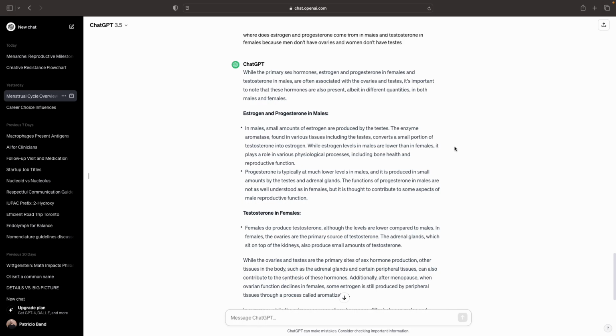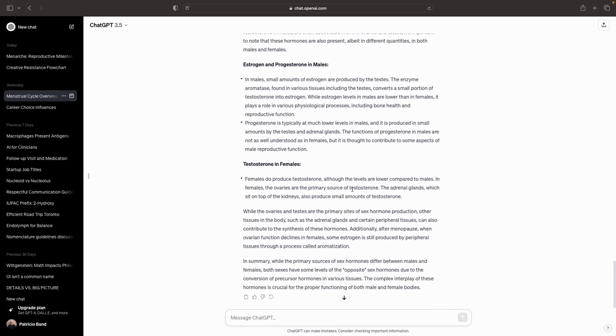Progesterone is typically at much lower levels in males, and it is produced in small amounts by the testes and adrenal glands. Its function in males is not as well understood as in females, but it is thought to contribute to some aspects of male reproductive function. Females do produce testosterone.